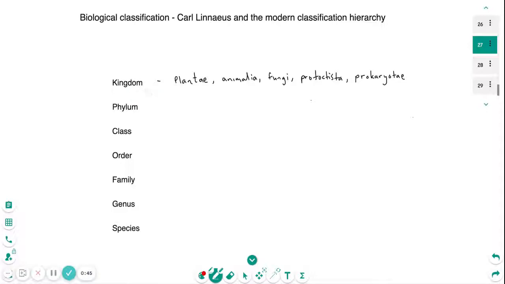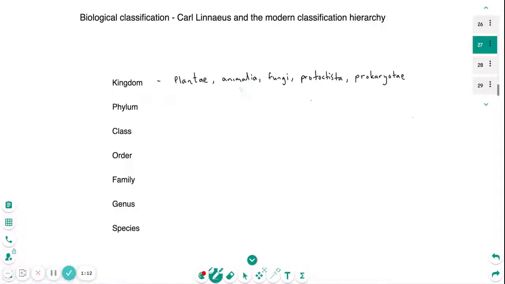The different kingdoms he identified were the plants, animals, fungi, the protoctista, and the prokaryotes. So you need to know what those different groups are and what features they have. The plants are multicellular and autotrophs, which means they're producing their own food.